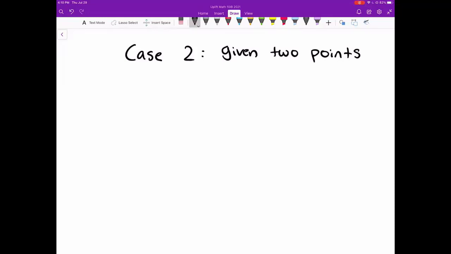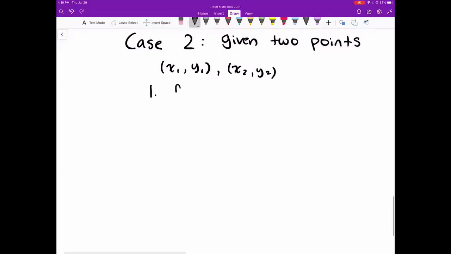All right, so case 2 is when you're given 2 points to find the equation instead of 1 point and a slope. Now, when you're given 2 points, you want to use the method that we talked about last lesson. So given the points x1, y1, and x2, y2, the first step is to find the slope.